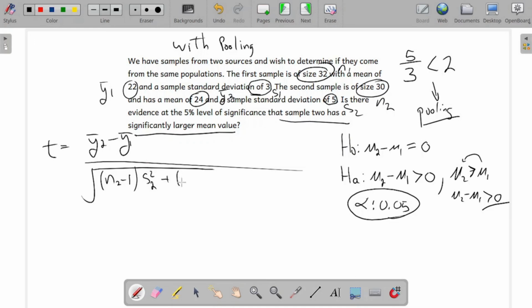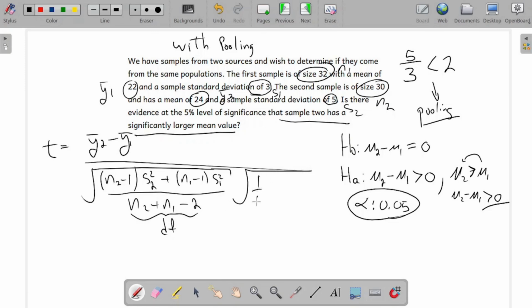And then we'll have n sub 1 minus 1 and s1 squared all over n2 plus n1 minus 2. And by the way, this will be our degrees of freedom for this test. Here it's 1 over n2 and 1 over n1.